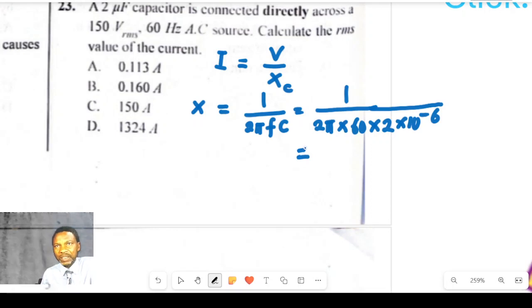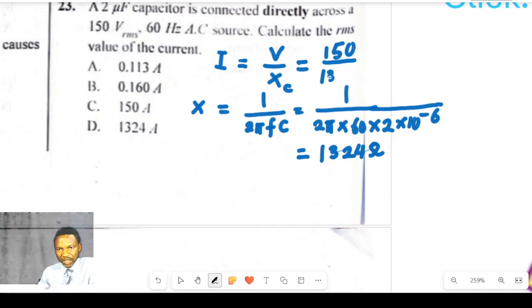So if we do that, question 23, that is going to be 1324 ohm. Then you divide this, 150 divided by 1324 ohm.